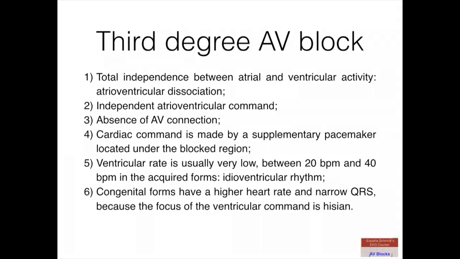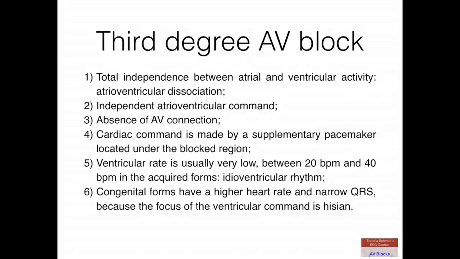Finally, we have the third degree AV block. The third degree AV block is a complete atrioventricular block. There is a total independence between the atrial and the ventricular activity. There is what we call atrioventricular dissociation, which is the name of this independence.